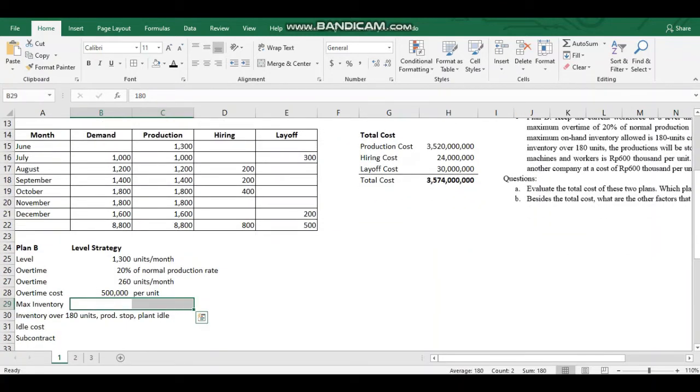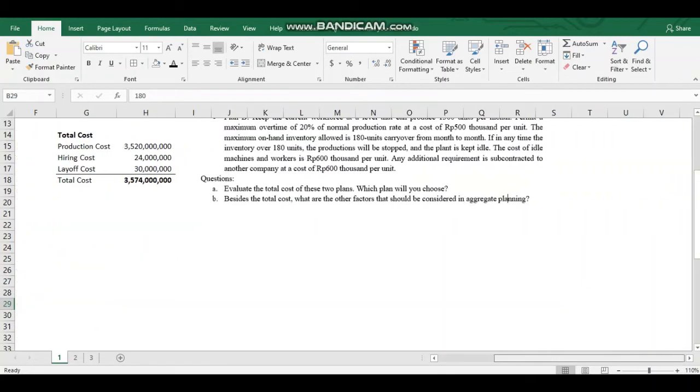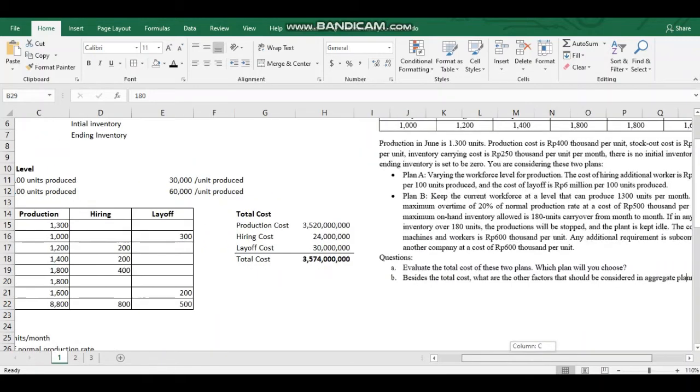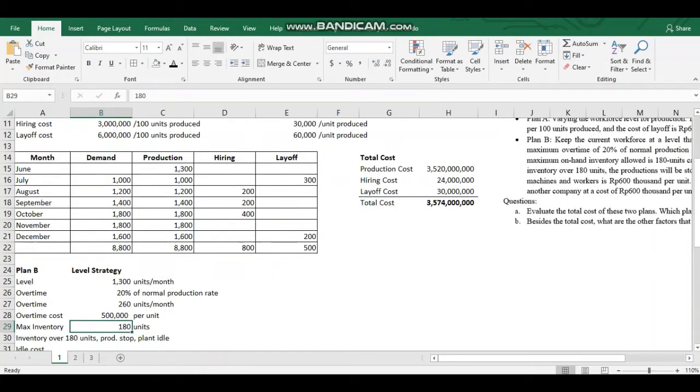So the maximum inventory is only 180 units. Okay, there's the maximum inventory, and what happens if the inventory is more than 180 units, the production will be stopped and the plant is kept idle, so we're not producing any units.